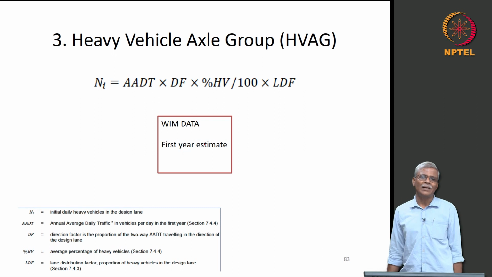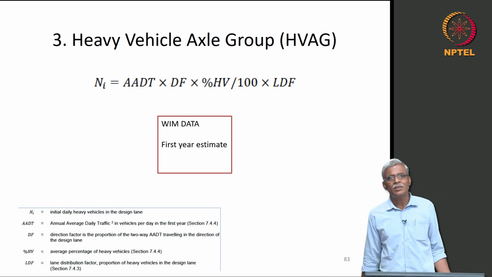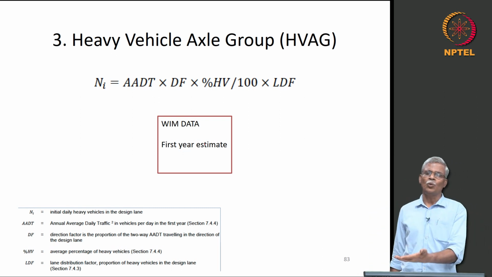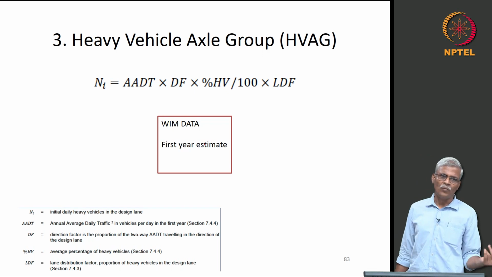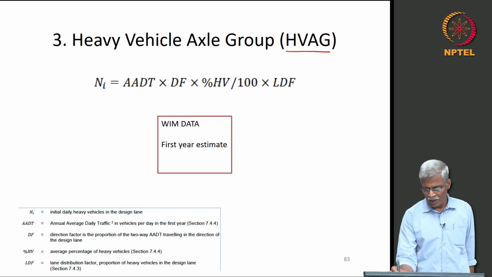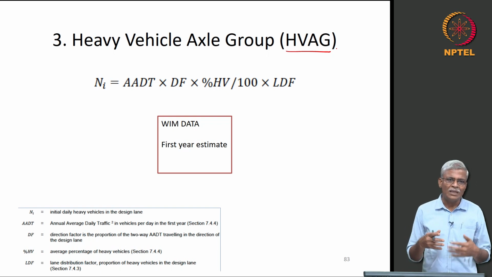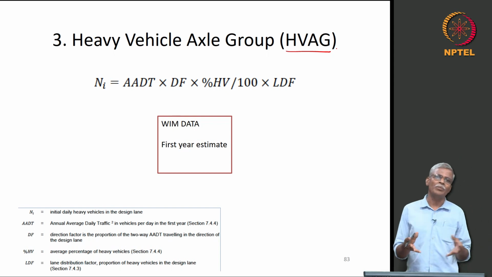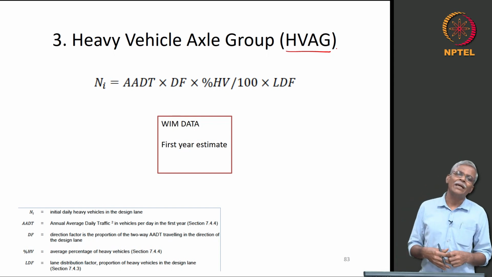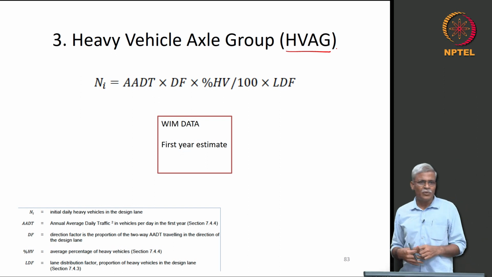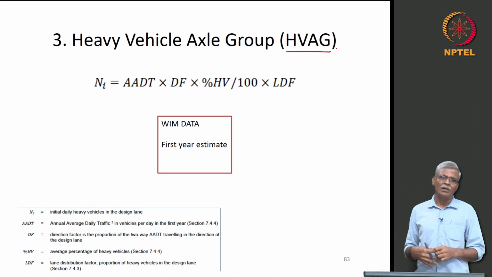Now, what is the next thing that we need to do? What is the heavy vehicle axle group? That is what we really need to understand. This is something that we need to do for the first year estimate, and for that we need to use the WIM data. Now, what is AADT? AADT is annual average daily truck.